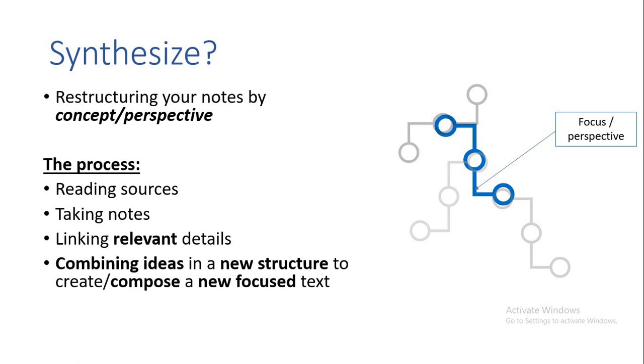And then you combine these selected ideas in a new structure to compose a new focused text. And by the end of your exploration, you come up with a general judgment or conclusion, which again meets what we basically do, which is the discuss essay.